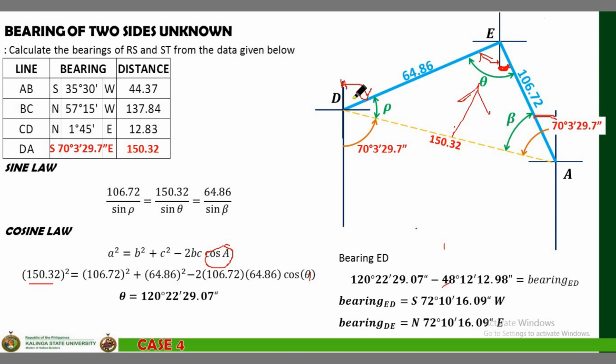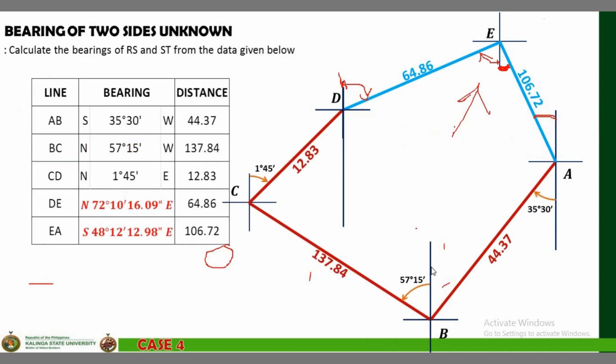From D to E, it is from north going to east. Right? So here is my final answer: the bearings of DE and EA are written on your screen. Those are the values we solved for the bearings of DE and EA.